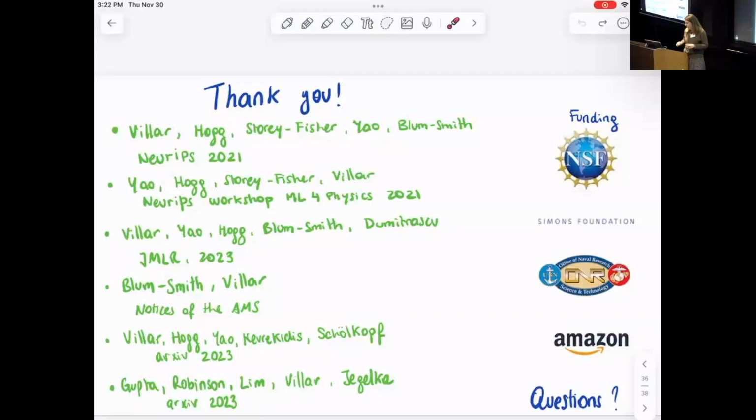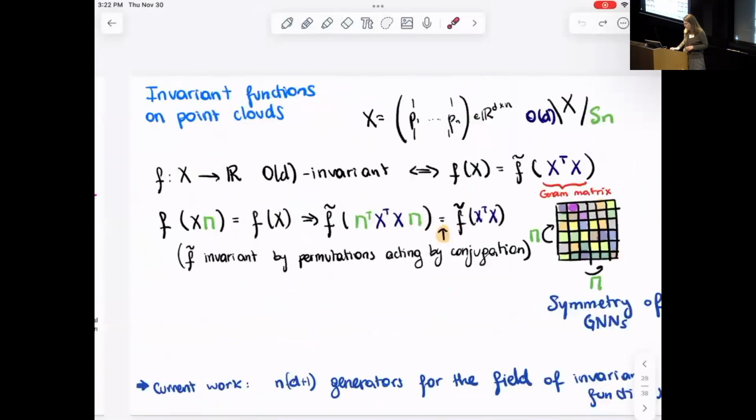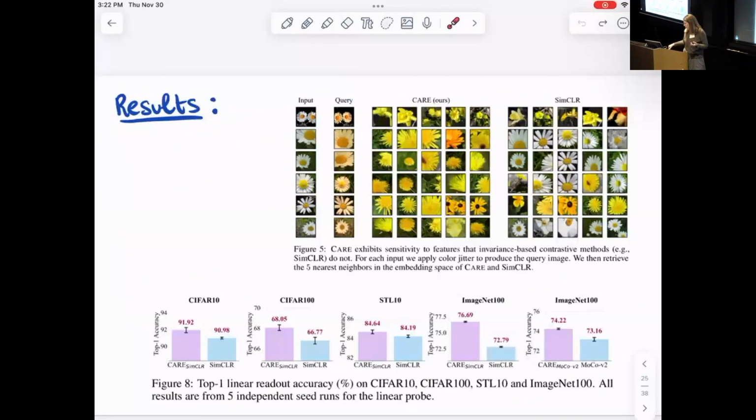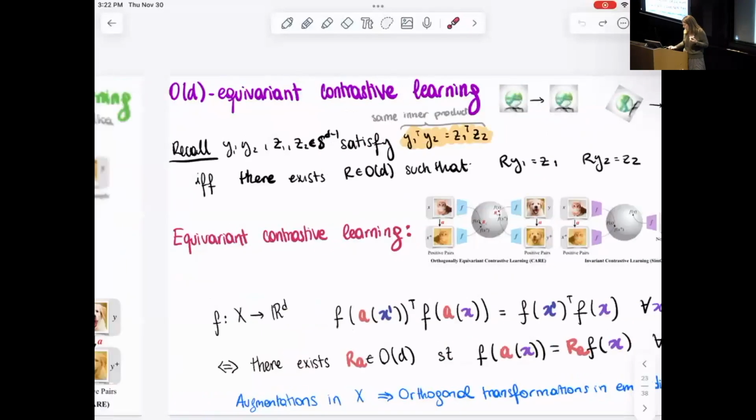Yeah, so if the parameter is too small, then you just recover the Sinclair. So you're not able to distinguish between different augmented versions of your objects. And if the lambda is too large, then you know that there exists an orthogonal transformation.